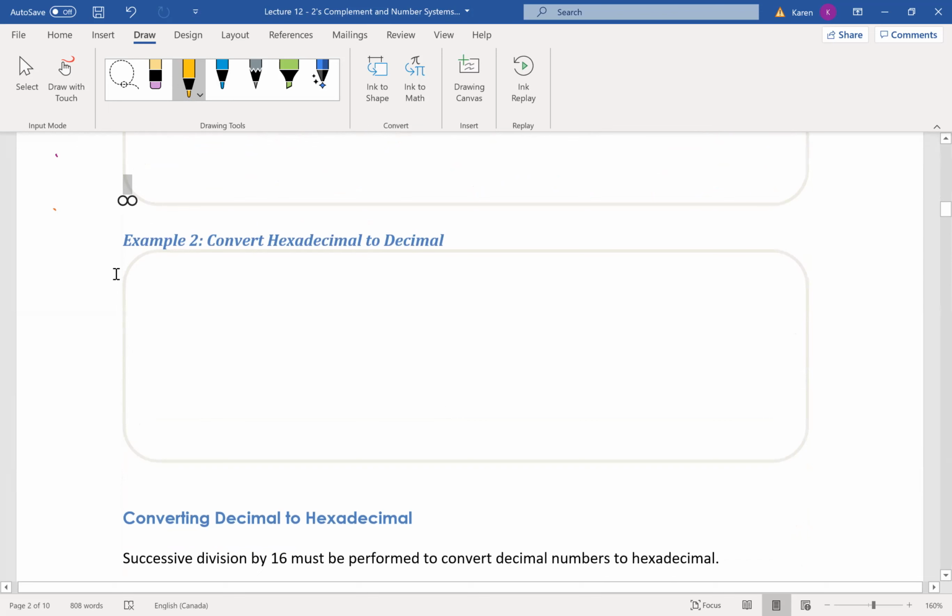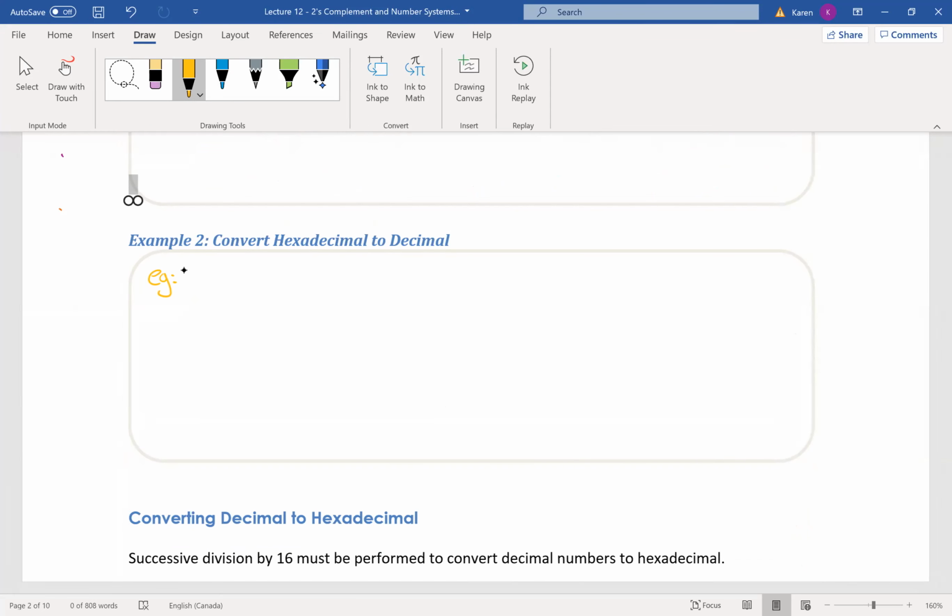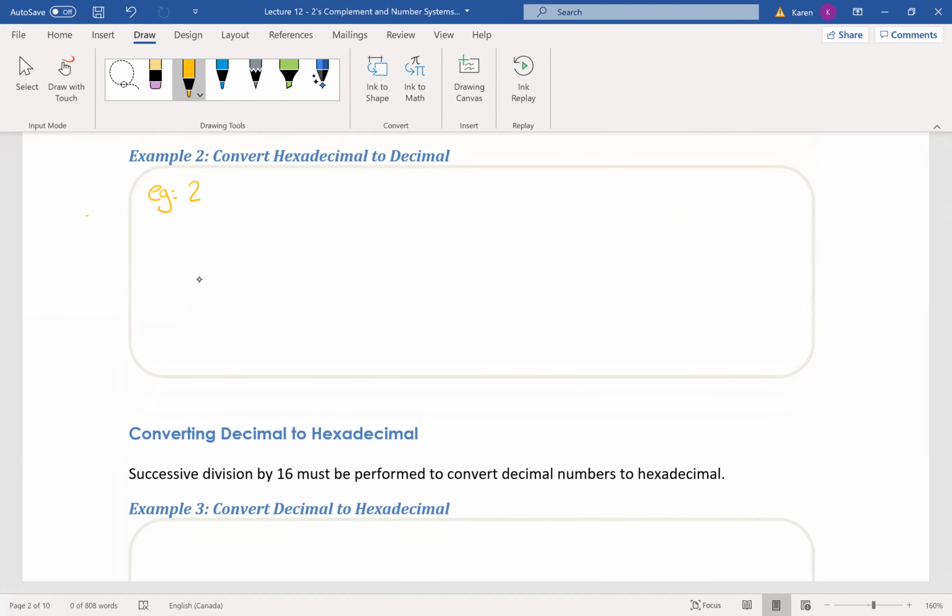So let's do another example. That example is 2AF, base 16, which is a hexadecimal number. Again, there's one digit, there's another, and then our least significant digit.